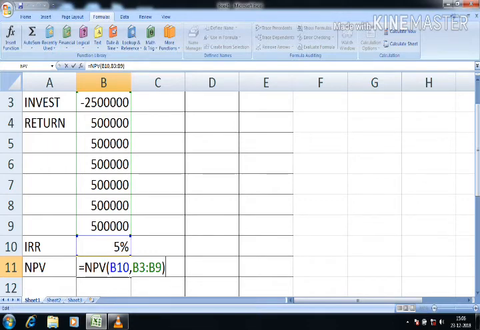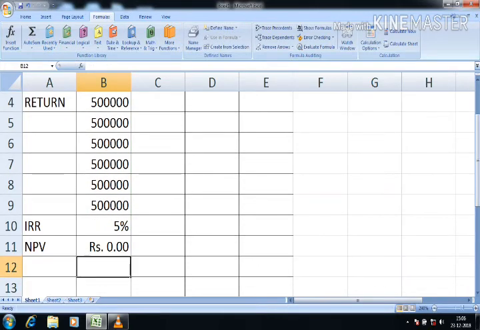See on the screen again, it is showing the NPV calculation for your better understanding. I think it is clear to you right now. Now come to the EMI calculation.